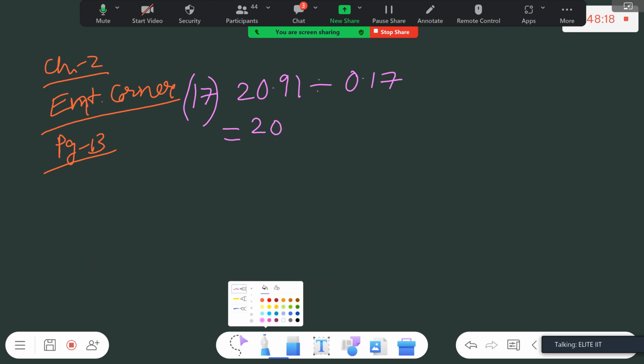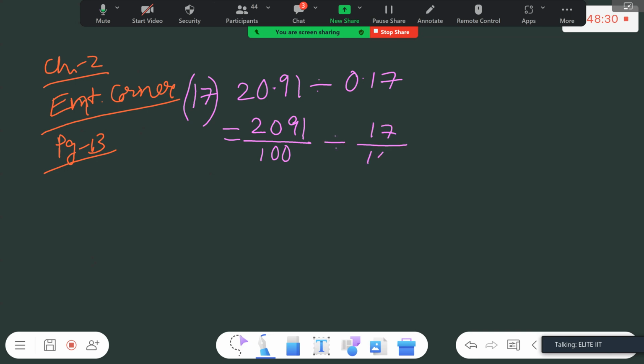Can I write 20.91 as 2091 by 100? Two decimal places, so two zeros, isn't it? Divided by 17 by 100. Two decimal places, so two zeros, isn't it?